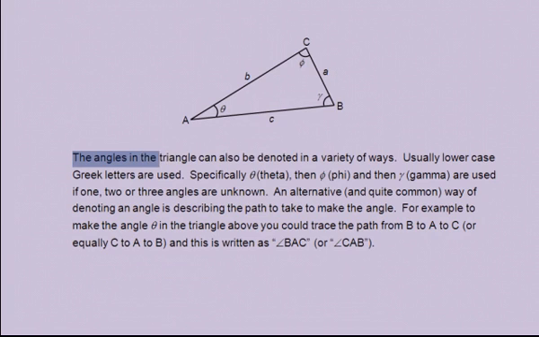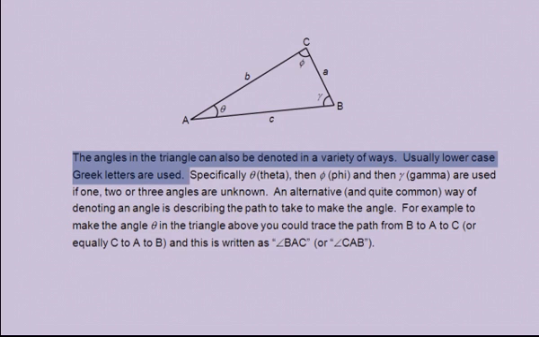The angles in the triangle can be denoted in a variety of ways. Usually, lowercase Greek letters are used, specifically theta, then phi, and then gamma are used if 1, 2, or 3 angles are unknown.